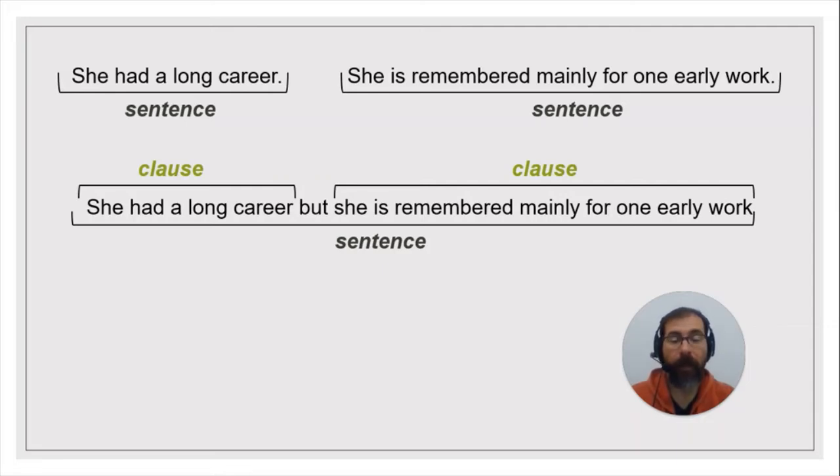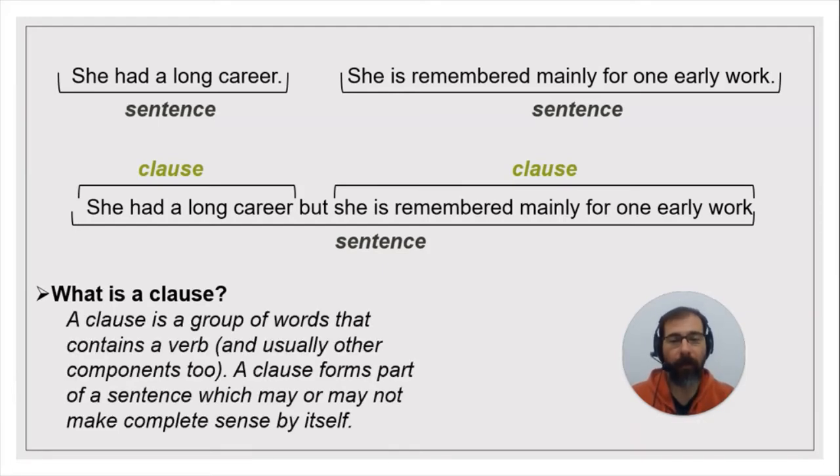This sentence is formed by two clauses. Each sentence we had before became part of one longer sentence. Consequently, they became clauses of the sentence. So, our next question is, what is a clause?